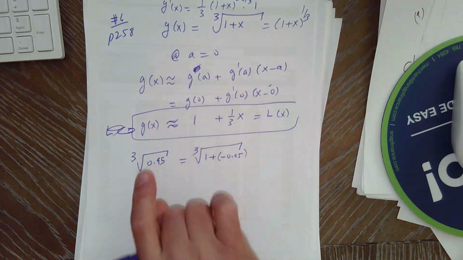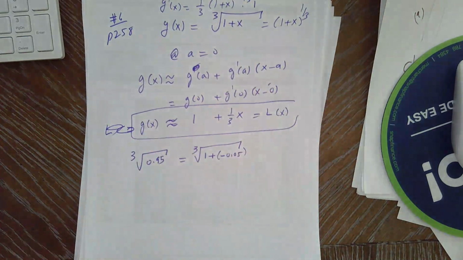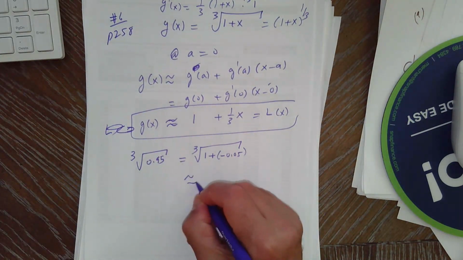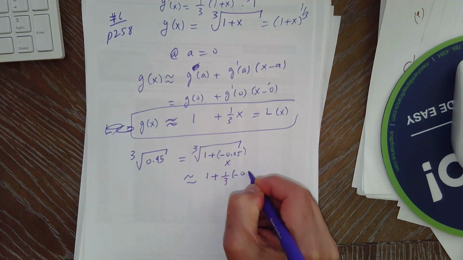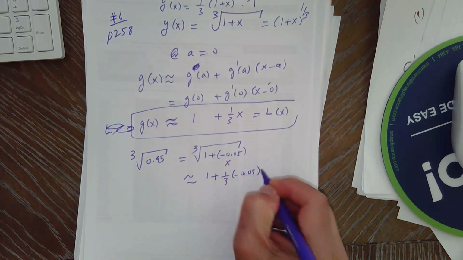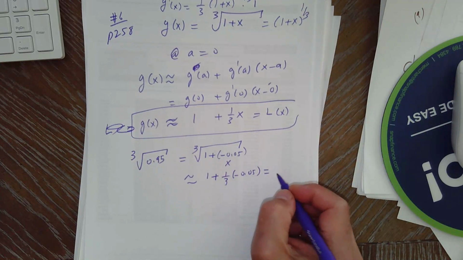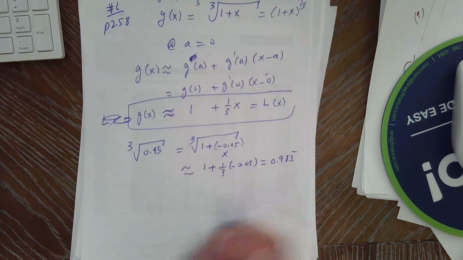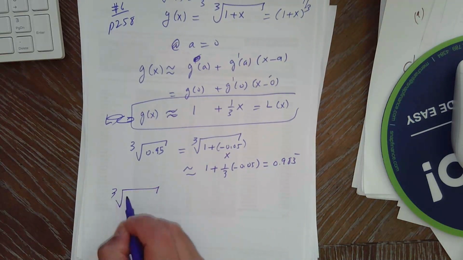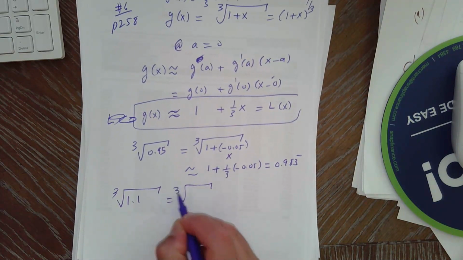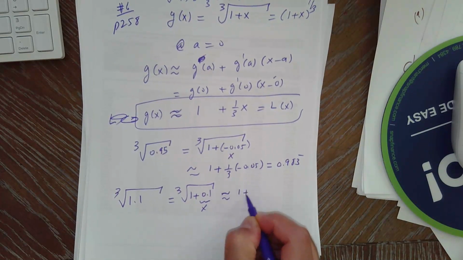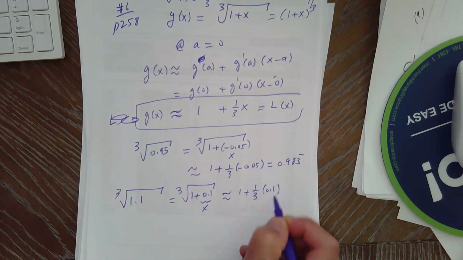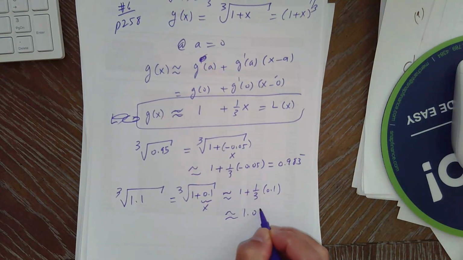So the cube root of 1 plus x is roughly 1 plus 1/3 times negative 0.05, which, if you do the math here, is 0.983. Repeating, if you want the cube root of 1.1, that's the cube root of 1 plus 0.1, so that's your x, which is roughly 1 plus 1/3 times 0.1, which is roughly 1.03.